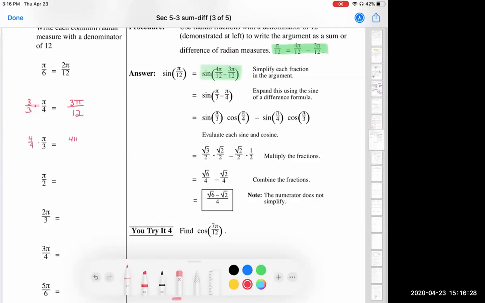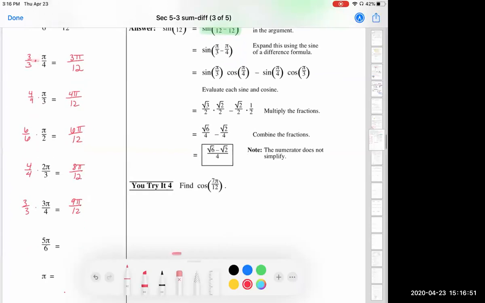That gives us 4 pi over 12. Times 6 over 6, 6 pi over 12. Multiply it by a 4, 8 pi over 12. By 3, 9 pi over 12. By a 2, 10 pi over 12.